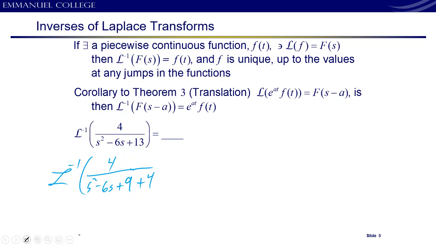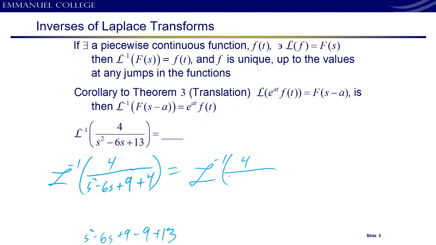So to have s squared minus 6s plus 9 minus 9 plus 13, which if you notice still gives you the 4. So now that leaves us with the inverse Laplace transform of 4 over s minus 3 squared plus 4.